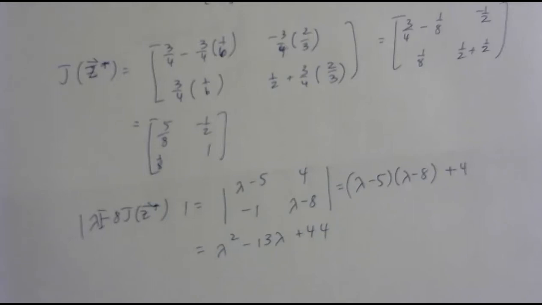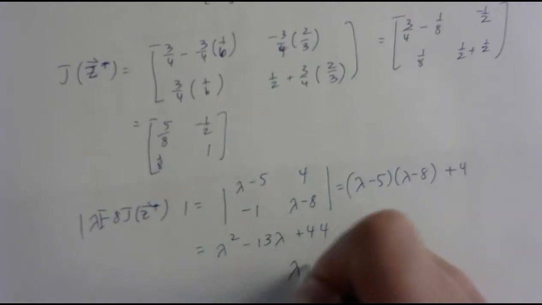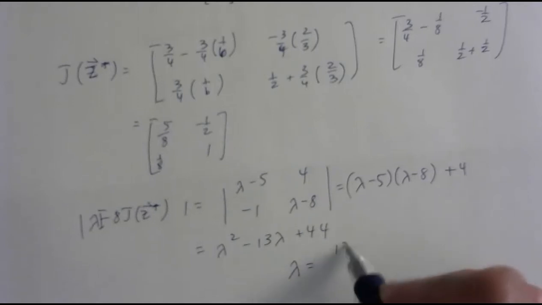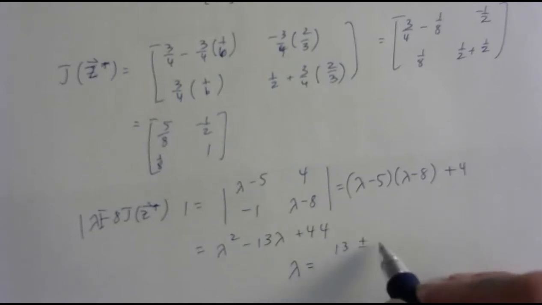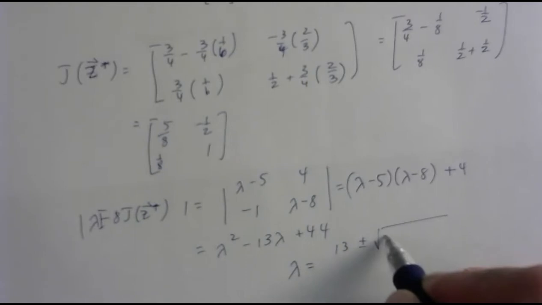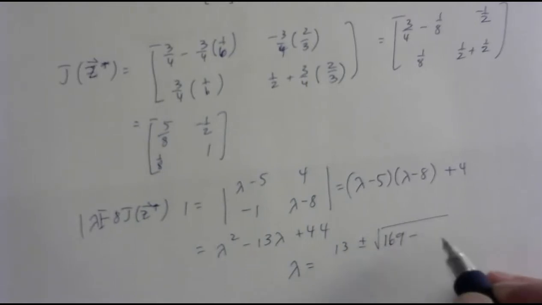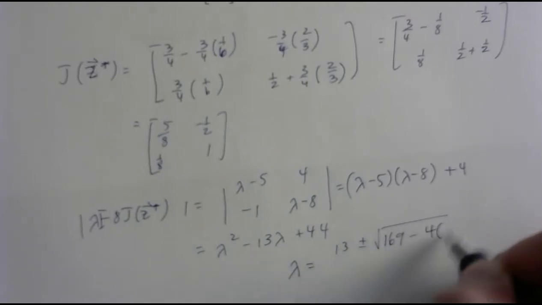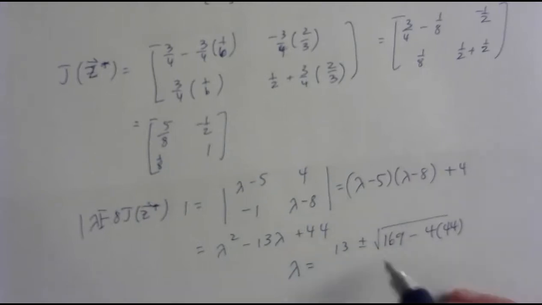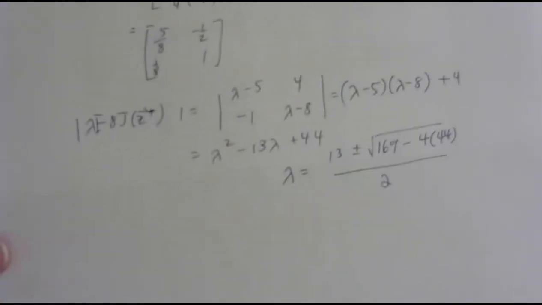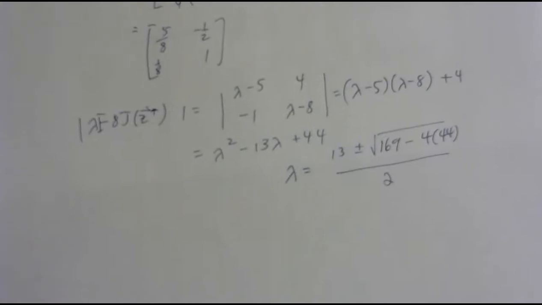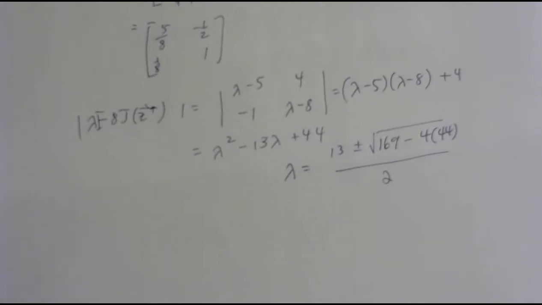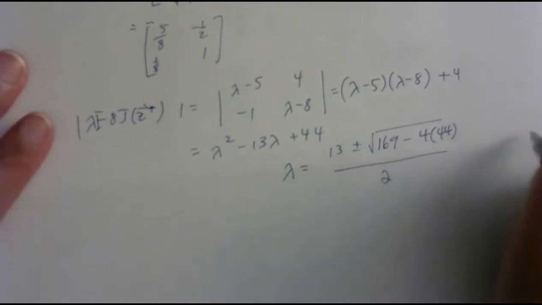That looks good. To factor it, what, 4 and 11? That's not looking promising. Okay, so lambda is 13 plus or minus the square root of 169 minus 4 times 44, all over 2. Am I not seeing a super obvious factoring?